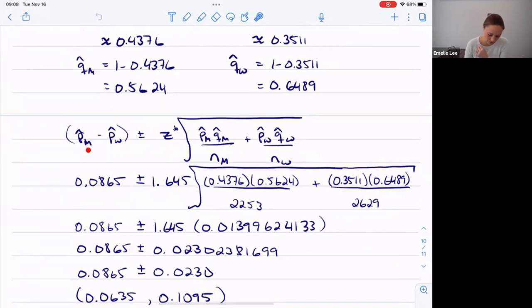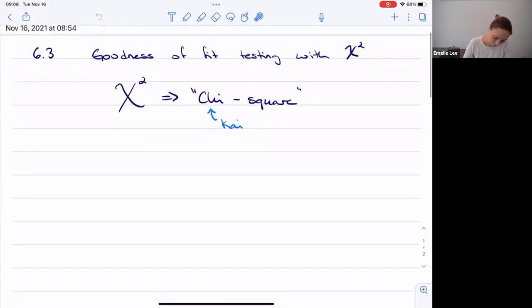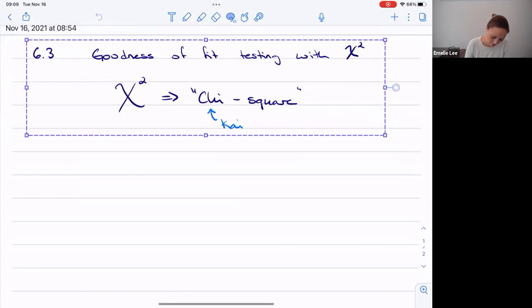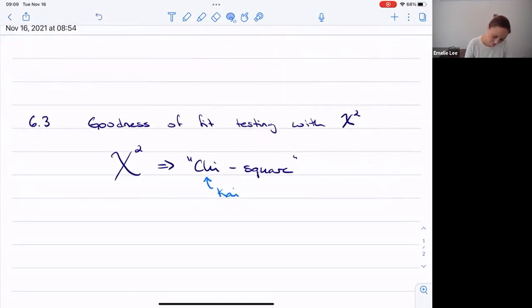I hope so, I can't remember. We talked about the difference in two proportions, right? So we talked about how to analyze one proportion, and maybe, you know what? Maybe I'll do just a little bit of review, about 3 lines of review I'll leave myself.